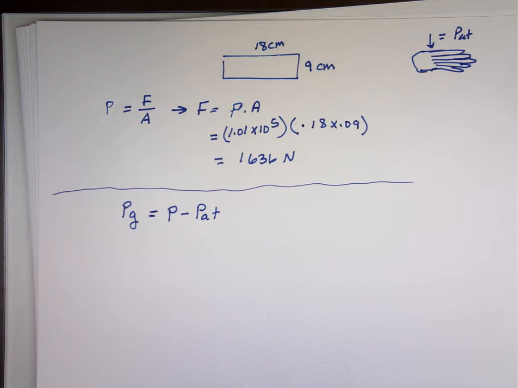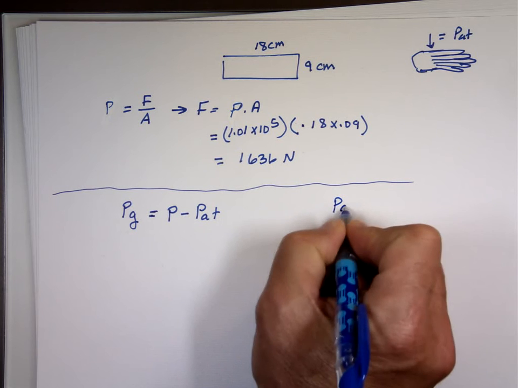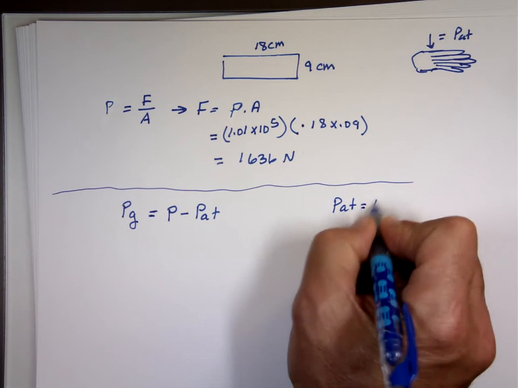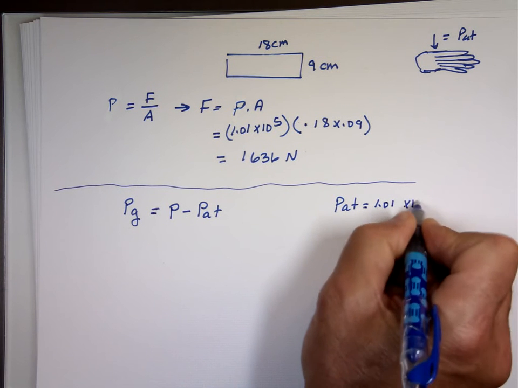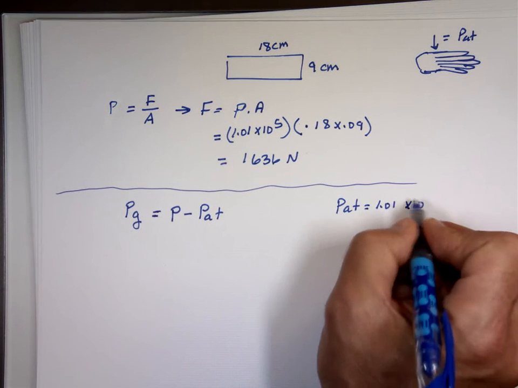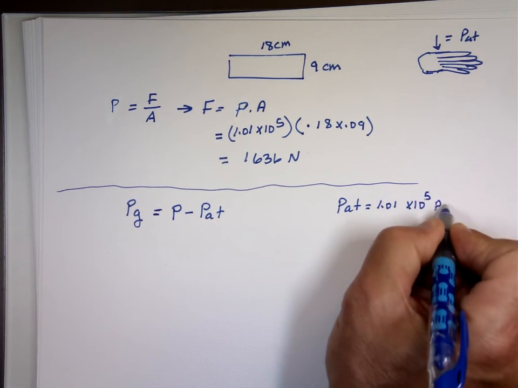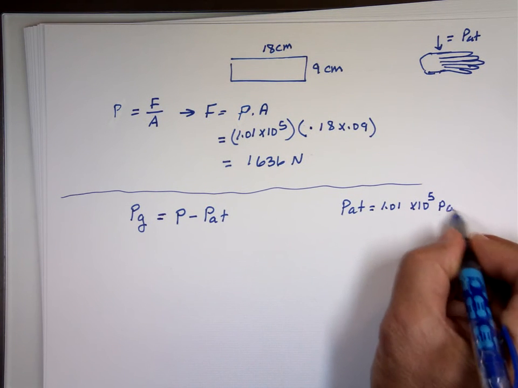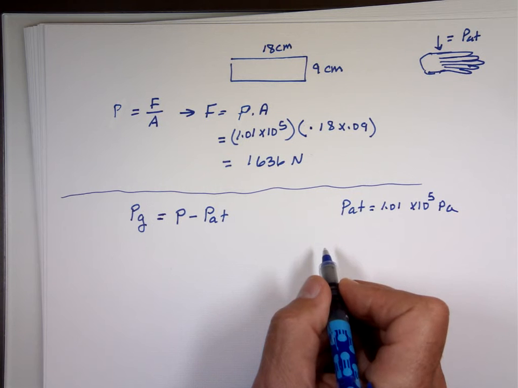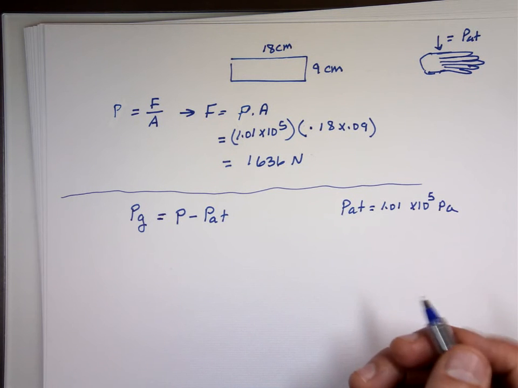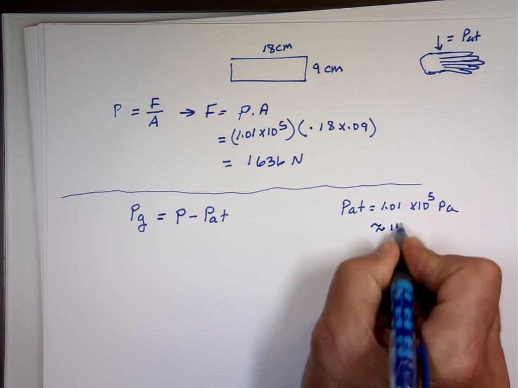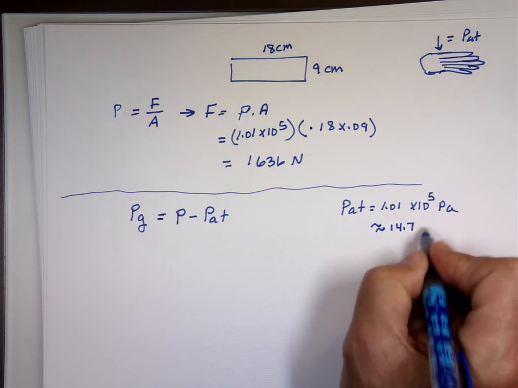By the way, you can convert P atmosphere, which is 1.01 times 10 to the 5th Pascals, to pounds per square inch. That's approximately 14.7 pounds per square inch.